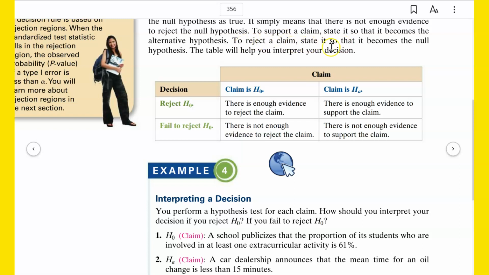To reject the claim, if that's your goal, it depends on if you're the prosecution or if you're the defense. To reject the claim, state it so that it becomes the null hypothesis. If your goal is to reject the claim, then you need to make the claim become H naught, not HA.